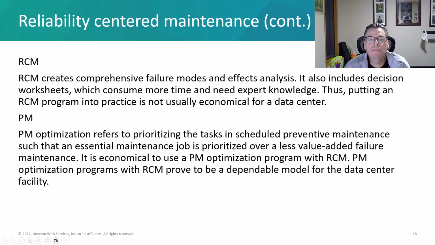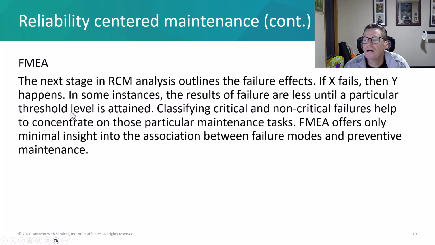All right, PM optimization is going to prioritize tasks in our scheduled or preventative maintenance process, which is going to say this maintenance job is more important than that maintenance job. It's that type of thing. The FMEA is going to outline that, hey, if this device fails, then this is what's going to happen.